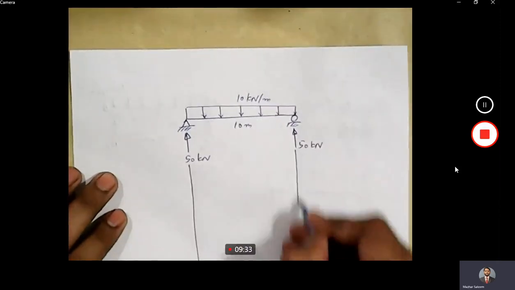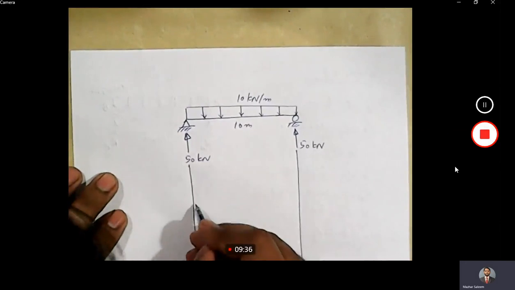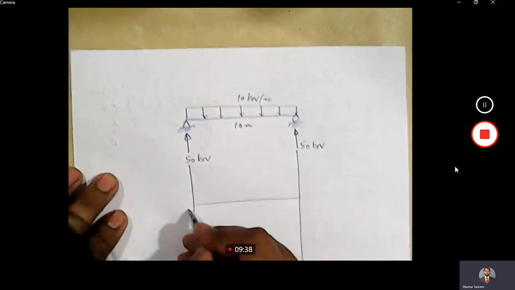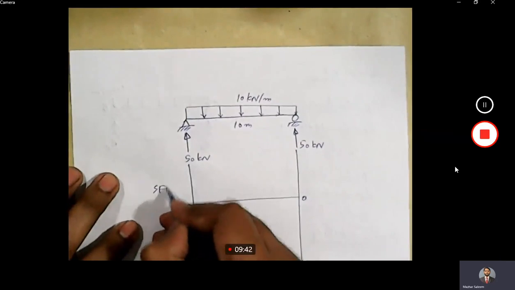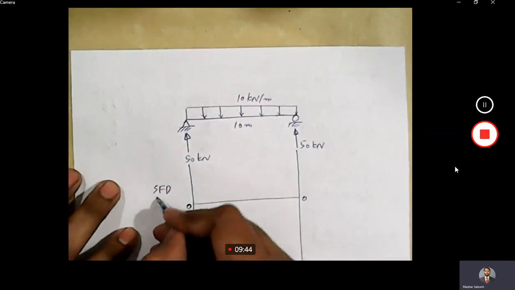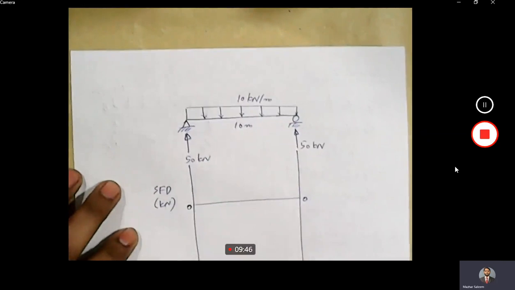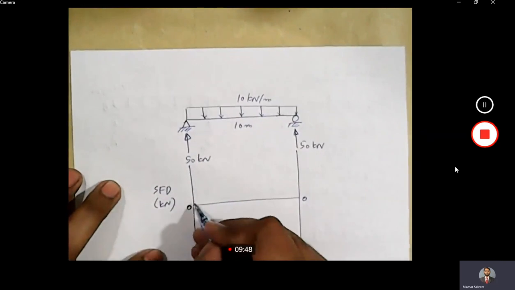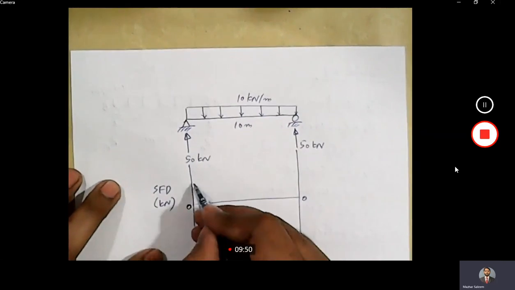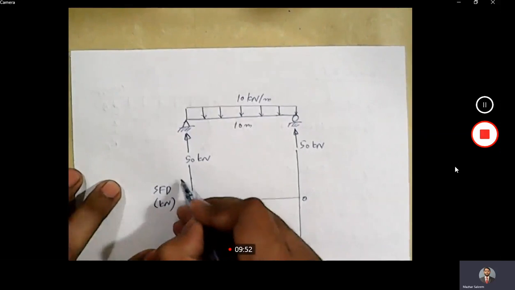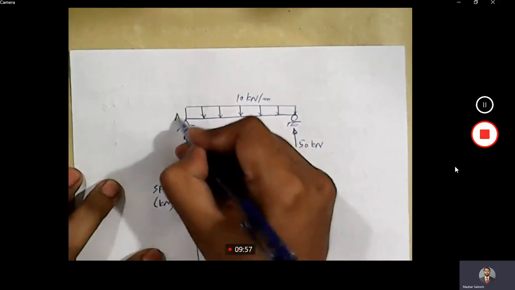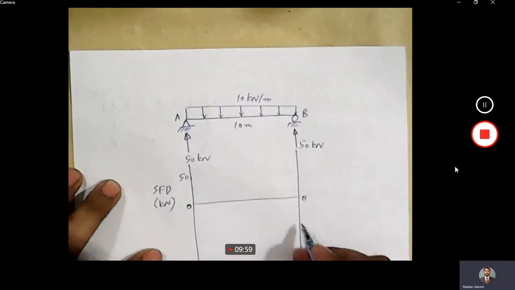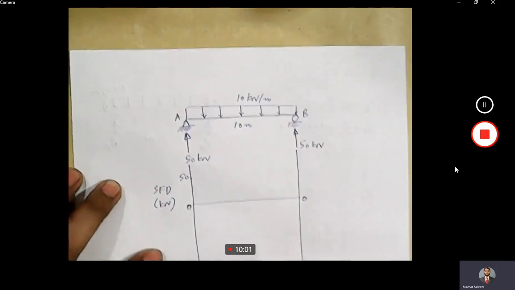These are the guidelines to draw a shear force diagram and bending moment diagram. 0 here, 0 here. We are going to draw SFD in terms of kilonewton. Okay, how much is the value of shear at this point that we just calculated? It was 50. How much was the value of shear at point B? This point is A, this point is B. It was minus 50 kilonewton.